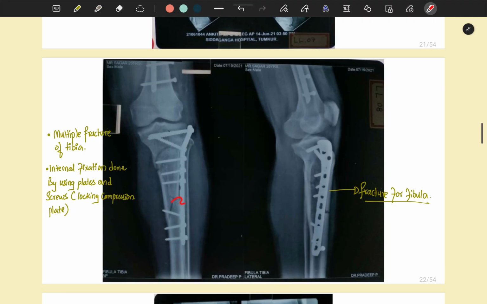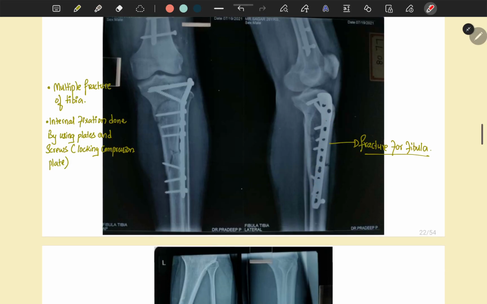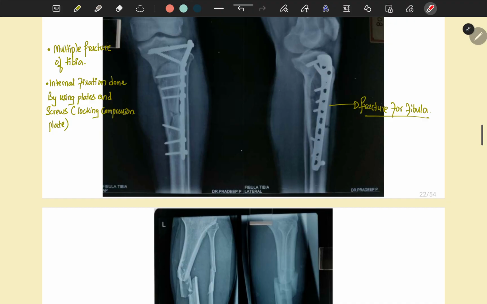Here you can see multiple fractures of the tibia, and also in the femur there is a multiple fracture, I think. Internal fixation has been done by using plates and screws, a locking compression plate. Here there is a fracture of the fibula, and the plates have been used for the same purpose.